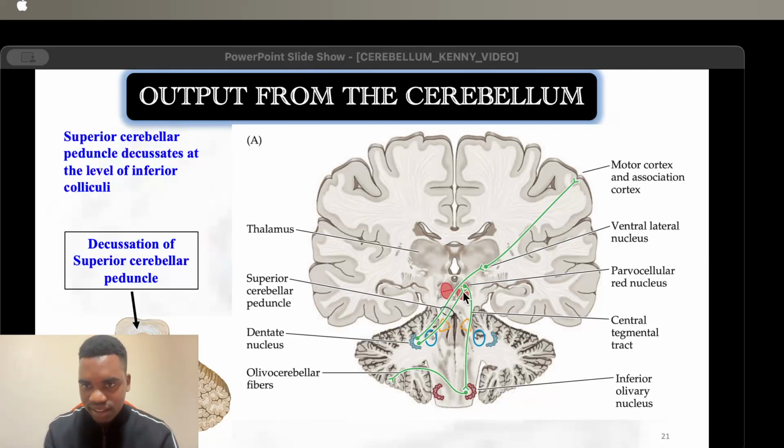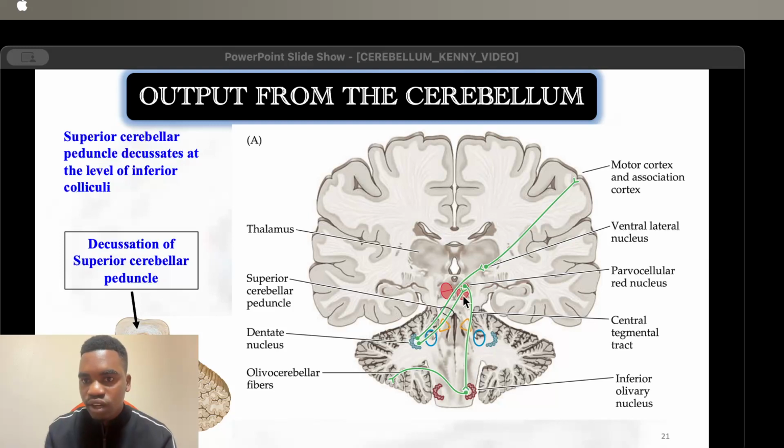I want you to note this: the dentate nucleus will send the information through the superior cerebellar peduncle into the red nucleus and the cortical areas of the contralateral side.